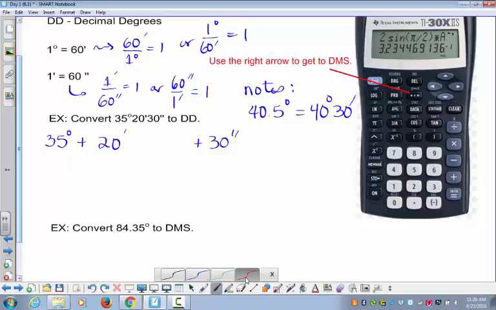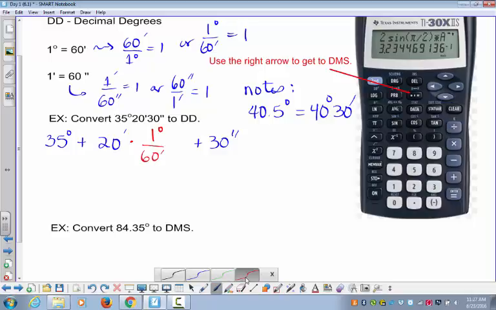We'll look up at our conversion factors. We want minutes to cancel out, and we want to be left with degrees. So should I use the first one or the second one up here? We want the minutes to go away and we want to preserve degrees. The second one, because the degrees are in the numerator. So we multiply by this conversion factor.